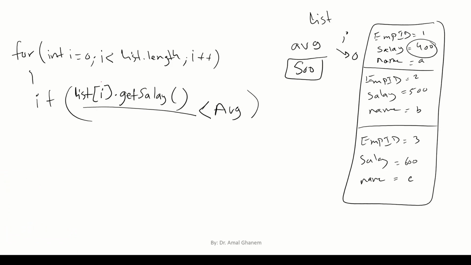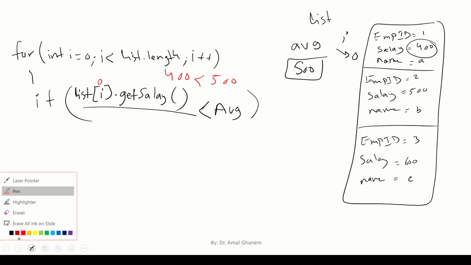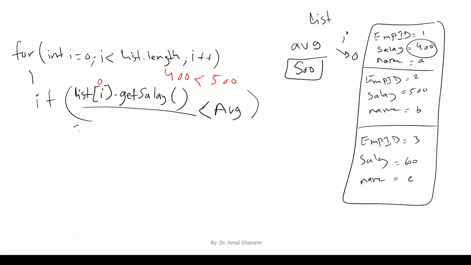I will have location I as 0, list of 0, get me the salary, which is 400. Is it less than the average 500? Yes. So in this case, what is needed? I have to do an output, so I will say System.out.println. What I need to output for location I is the name and the ID.